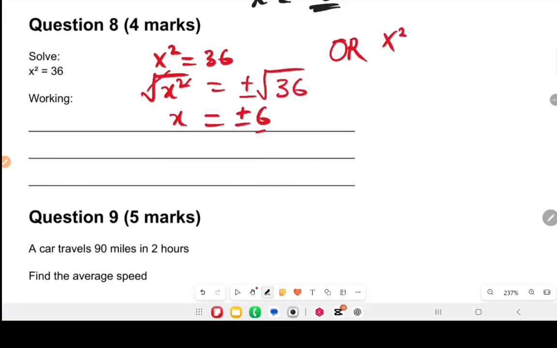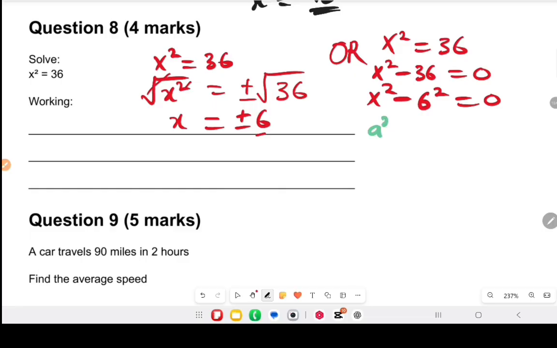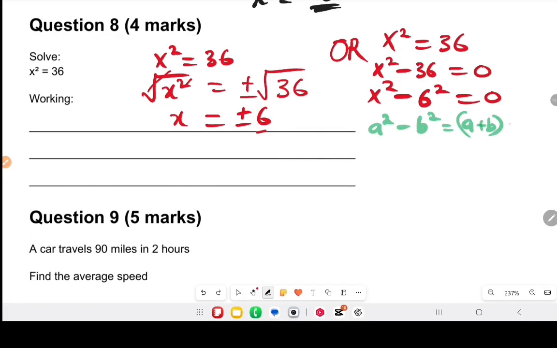We have x squared equal to 36. Now we can move 36 to the other side of the equal sign, which is x squared minus 36 equal to 0. Then in this case, we use what we call difference of two squares, where we have a squared minus b squared is equal to a plus b into a minus b.